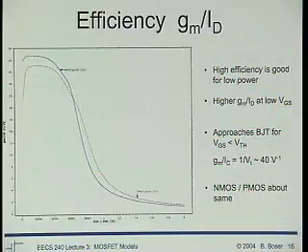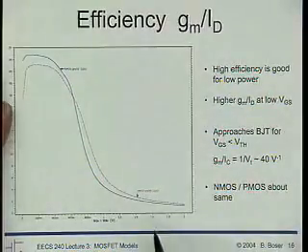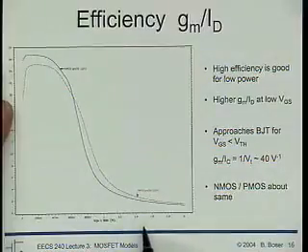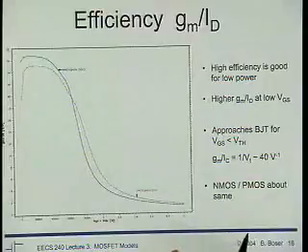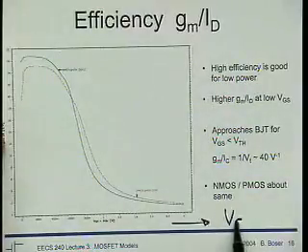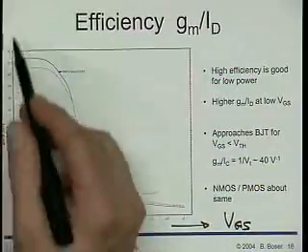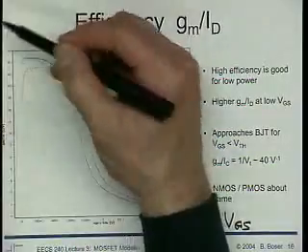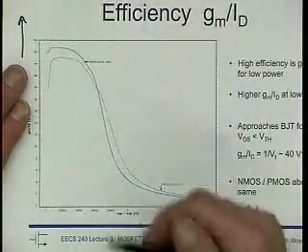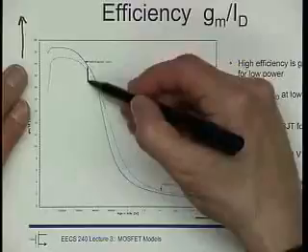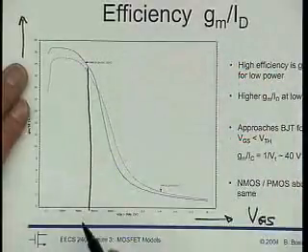If you can give me a device that has higher gm over ID, thank you very much, I'm going to use it, right? And so I'm plotting this gm over ID as a function of VGS. And again, I made VGS and VDS equal, so that it's always in saturation. So this is VGS, and this is gm over ID here. Okay? And about here I have sort of 500 millivolts.